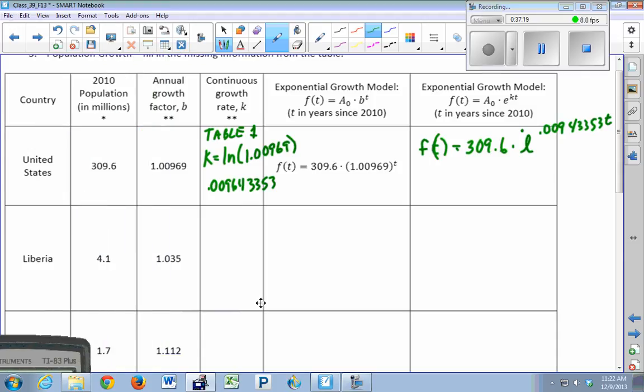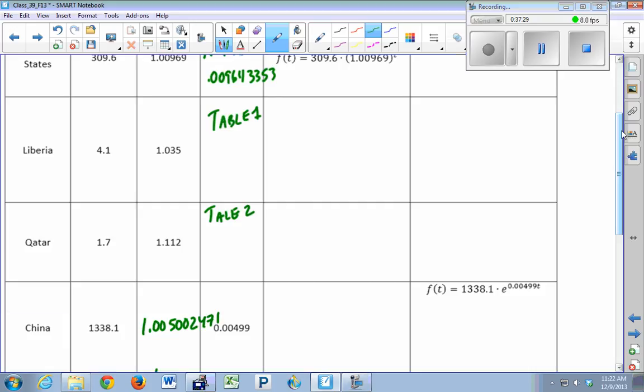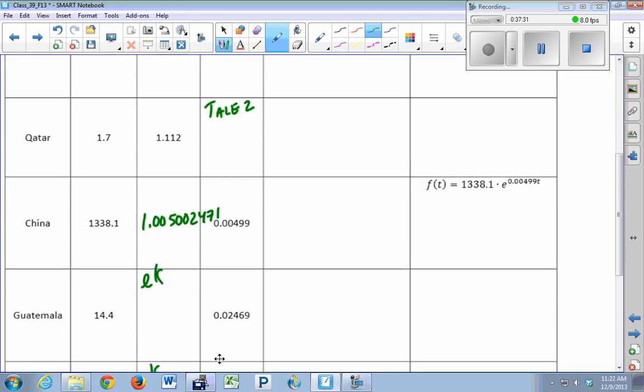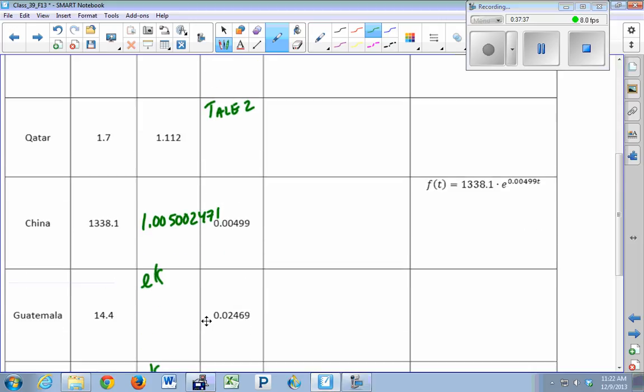So I'd like table 1 to do Liberia. I'd like table 2 to do Qatar. And we've already done China and Guatemala and Germany. So table 3, I'd like you to fill in these spots right here.